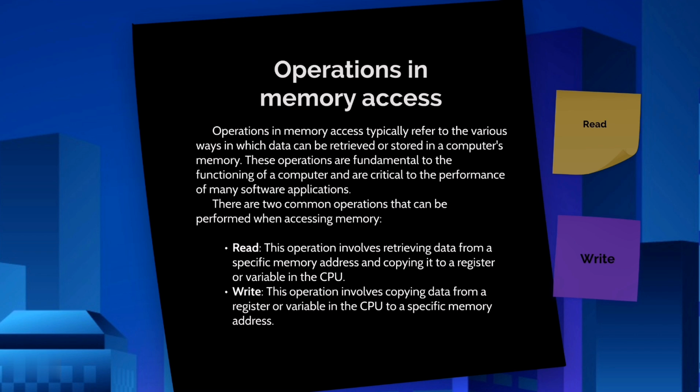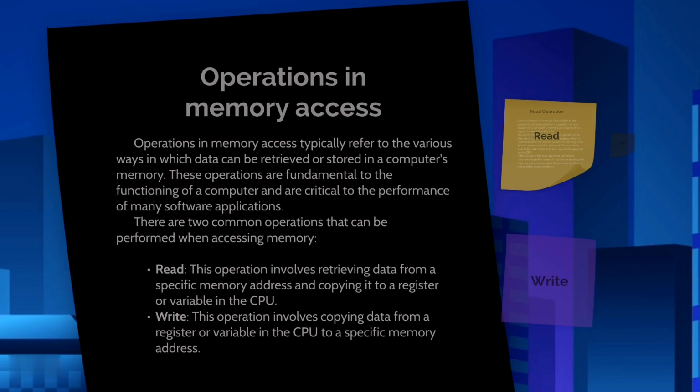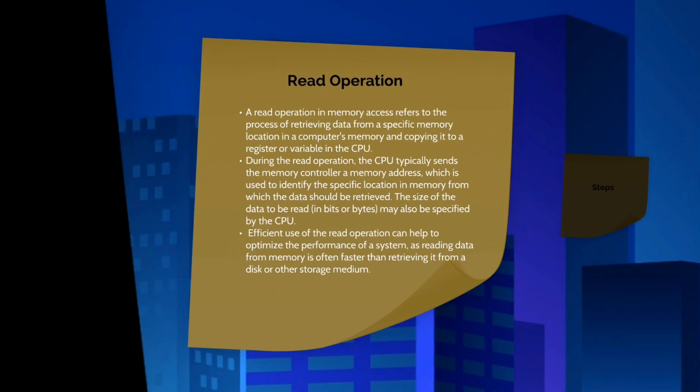The read operation involves retrieving data from a specific memory address and copying it to a register or variable in the CPU, whereas the write operation involves copying data from a register or variable in the CPU to a specific memory address. Myself Bhavesh Devre, and I will be explaining the read operation in memory access.